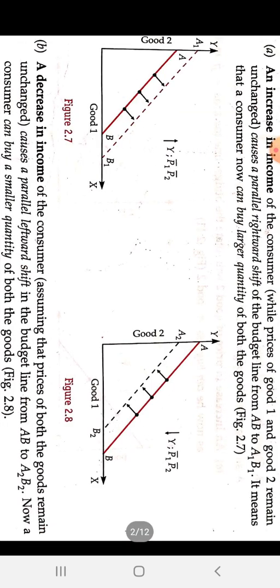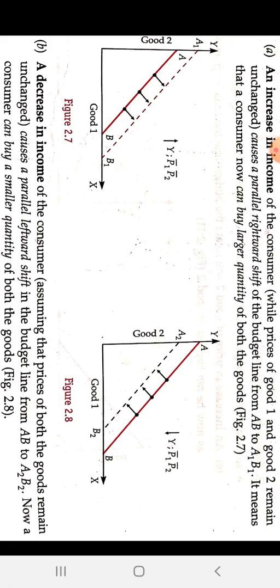First is an increase in income. What will happen when there is an increase in income? When there is an increase in income and the prices of good one and good two are unchanged, it causes a parallel rightward shift of the budget line.